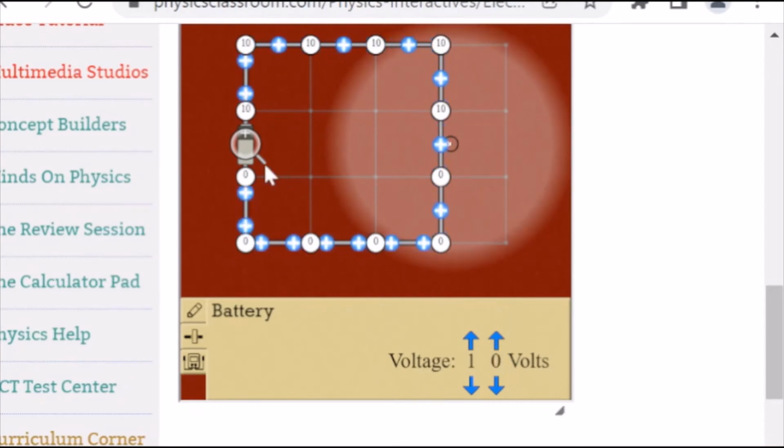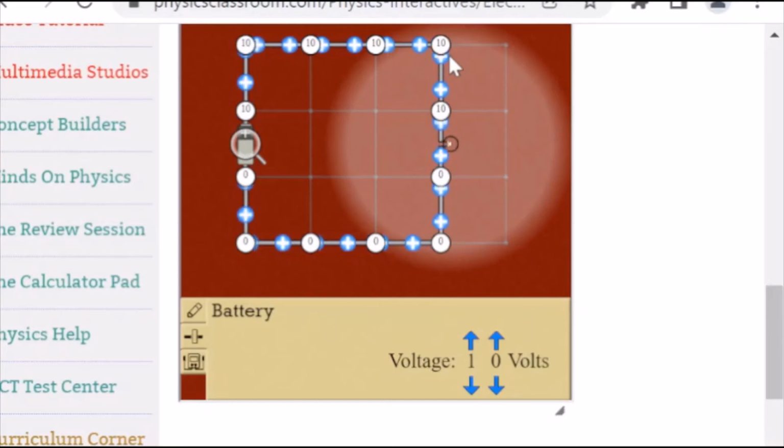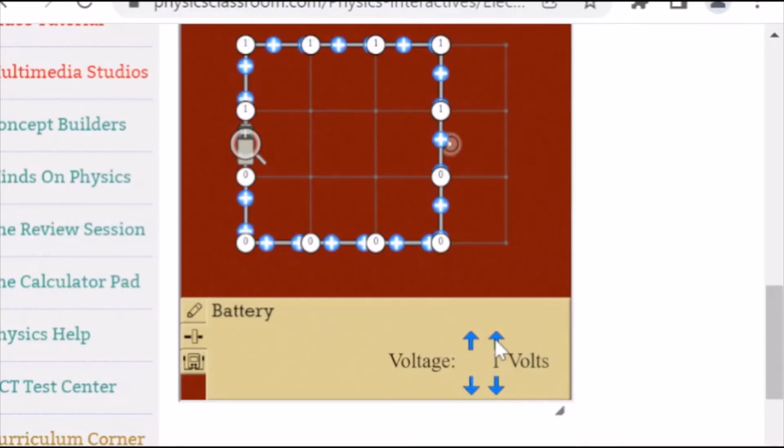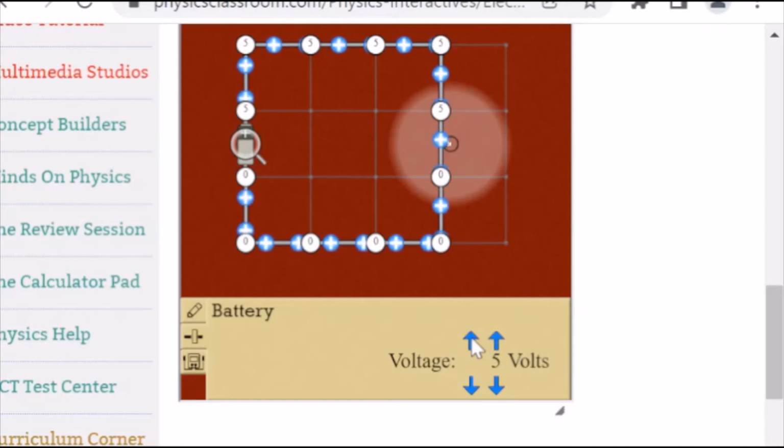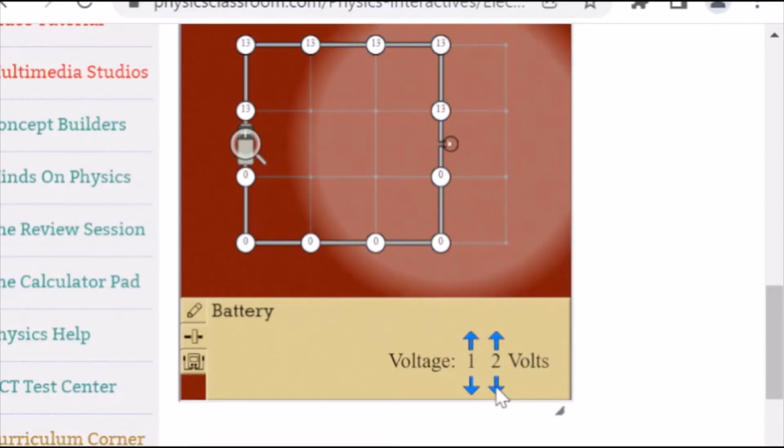Now what happens to the brightness of the light? The brightness of the light changes to twice the power of the single dry cell. It's the same concept, one dry cell 5 volts, one dry cell 5 volts, two dry cells 10 volts.